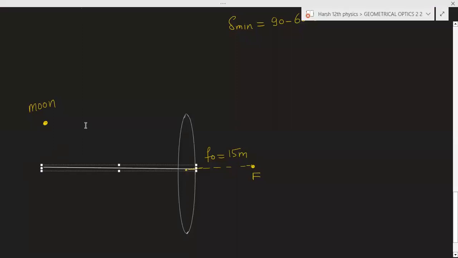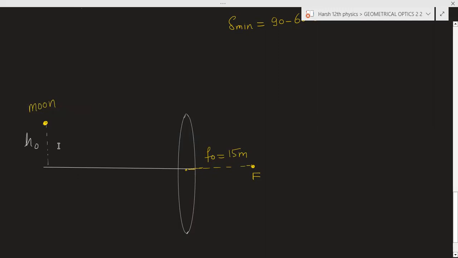Where is your moon? So this moon is at a height of, suppose, h. This moon is an object we want to see. So we will take the height of the object.